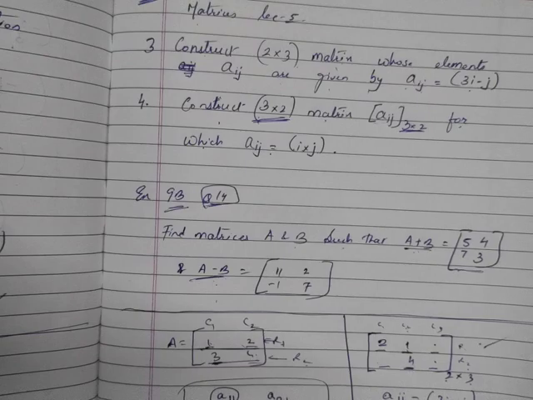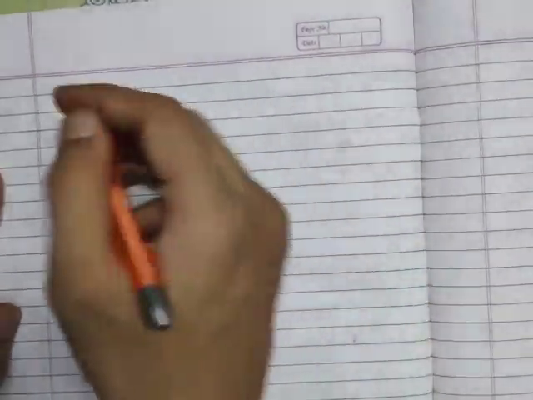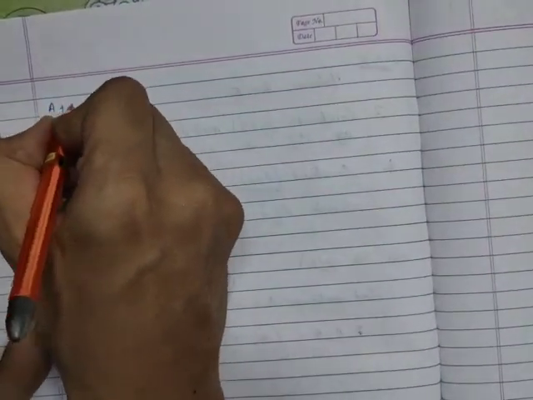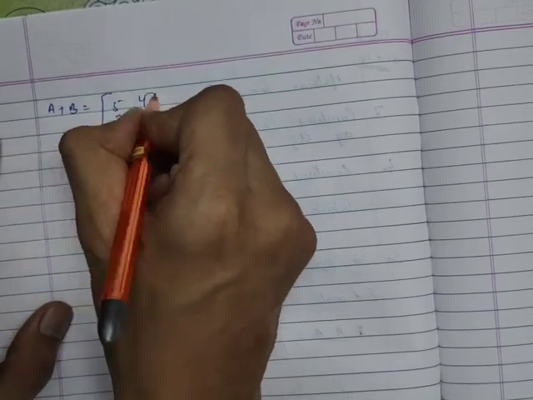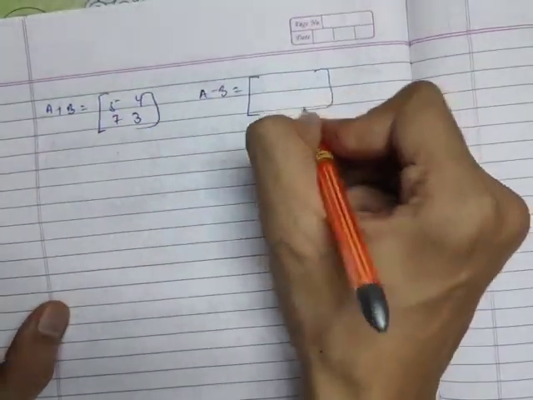So A plus B is given by 5, 4, 7, 3. A minus B, let's check out, is given by what?